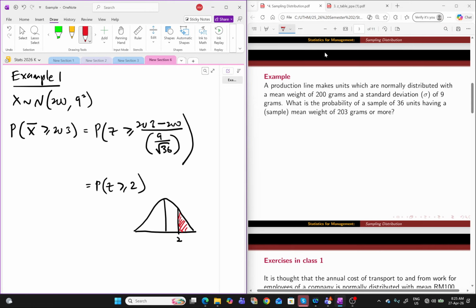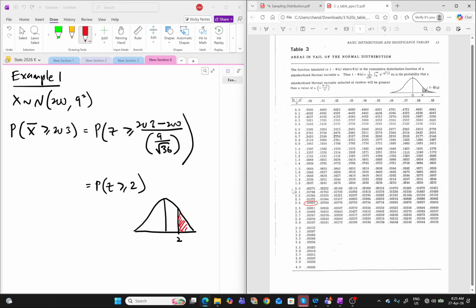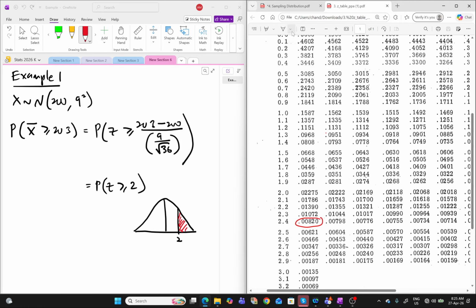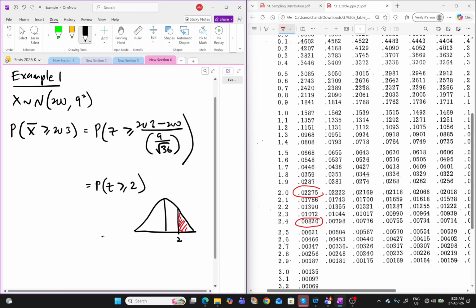This is very easy because the table will give you immediately. This is the answer.